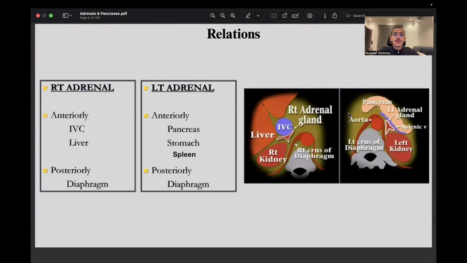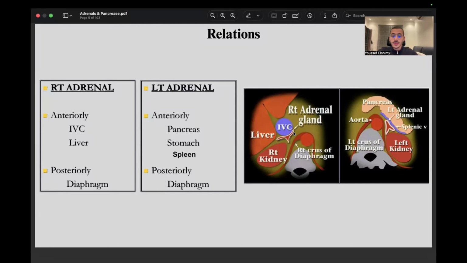So in terms of relations, I want you to remember your basic anatomy, starting with the right adrenal. We mentioned that the right adrenal gland is situated on top of the right kidney, and it is a retroperitoneal organ. So what do we have on the right side? We have the liver and we have the IVC. So in front of it would be the liver as well as the IVC.